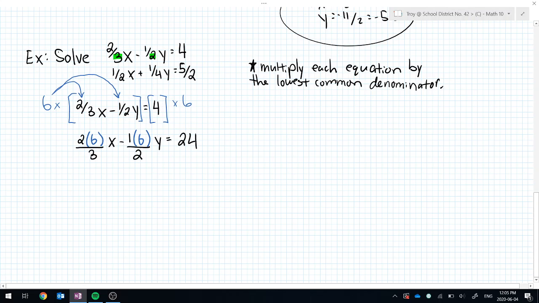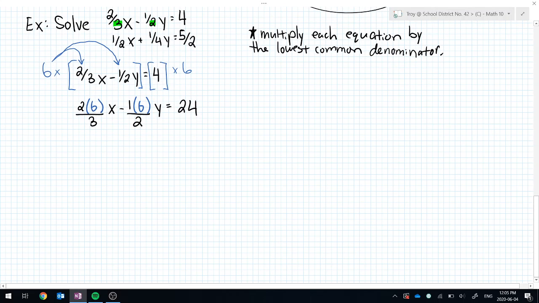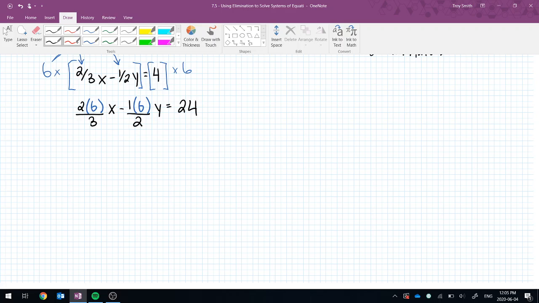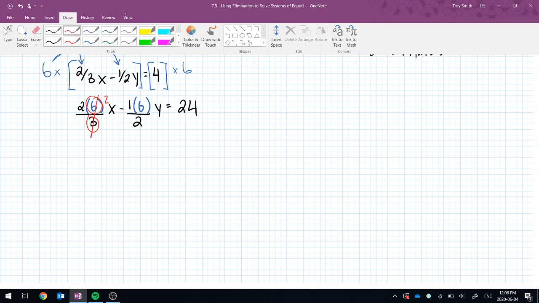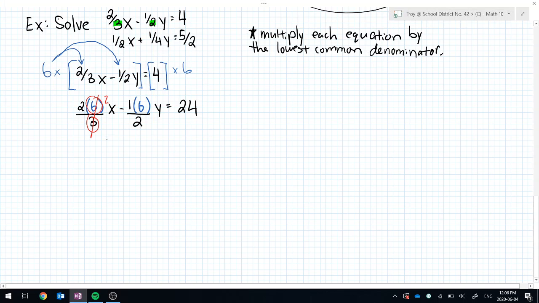Okay, so now what we can see here is we get 2 times 6, which is 12, divided by 3, of course, leaves us with 4. So it simplifies. Another way you could visualize this is 6 divided by 3. Of course, that's 2, so they can simplify to just 2. So we get 2 times 2, which again is just 4. So we get 4x.